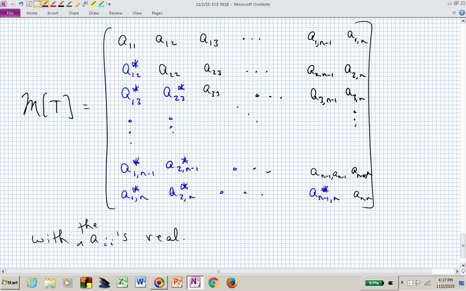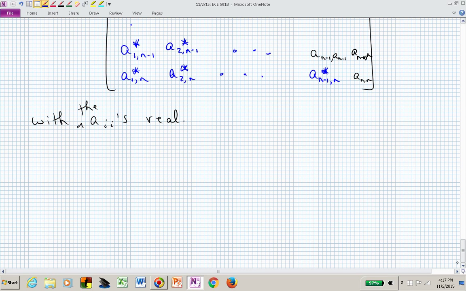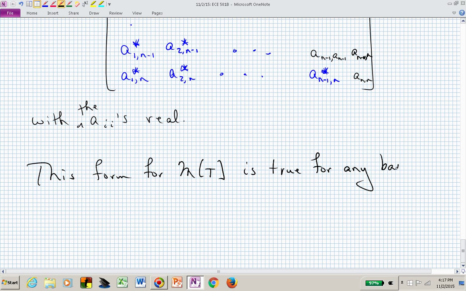If we have a self-adjoint operator, then we have this structure for the matrix representation of that linear operator. And this particular structure for the matrix representation of that linear map is true for any basis.